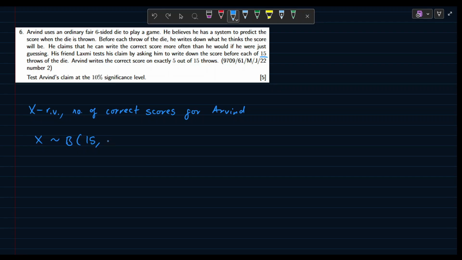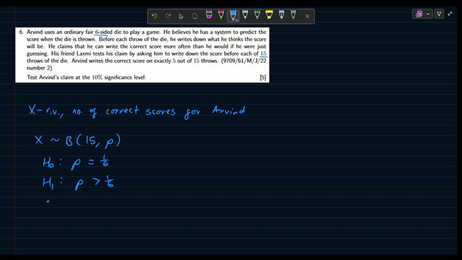What we're investigating is our probability here. H0, our null hypothesis, says that since this is a fair six-sided die, it should have a 1 in 6 chance of getting the correct score. But if he is not guessing, then this probability should be greater. It should be getting a correct score more than 1 out of 6 times.